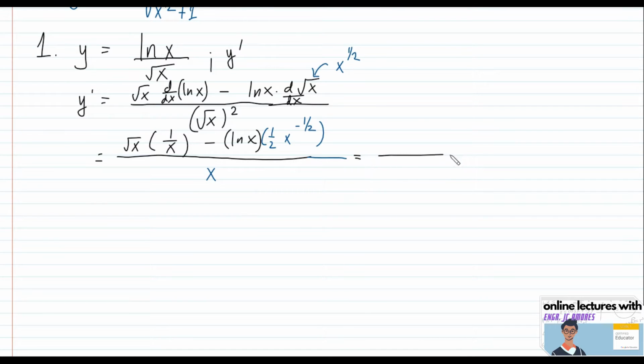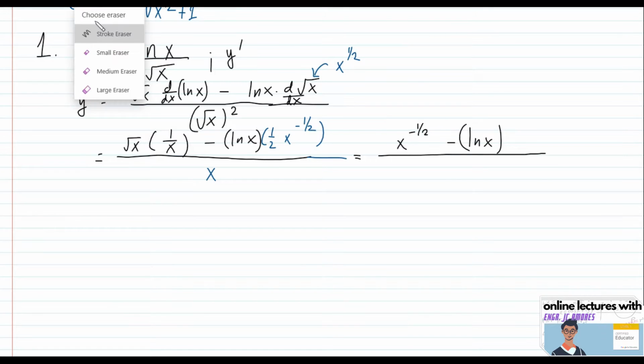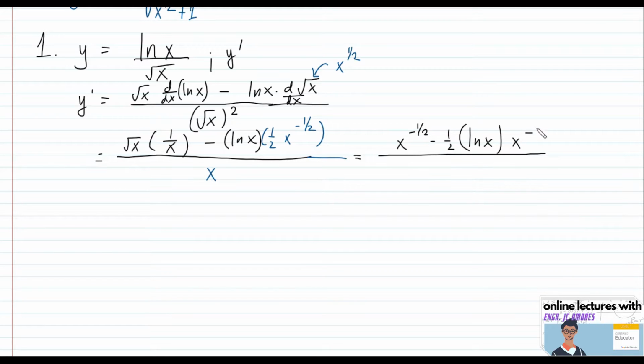So let's continue simplifying. We have square root of x over x, so that would be x raised to negative 1 half, minus ln of x times 1 half. So we have minus 1 half ln of x, and then x raised to negative 1 half, over x.